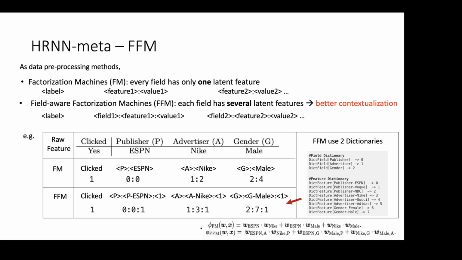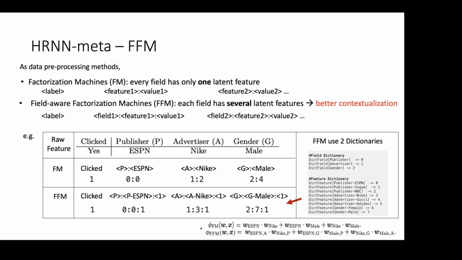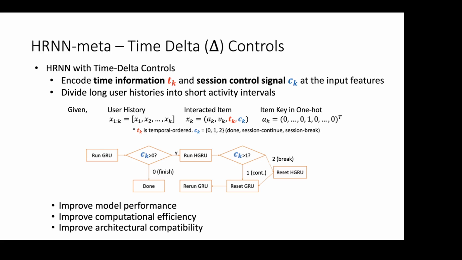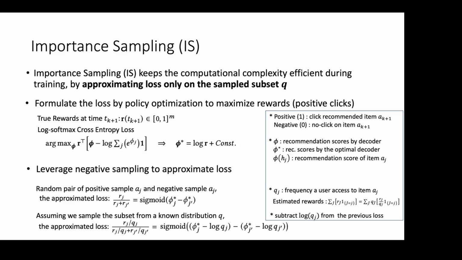That is what they say. We already walked through the key components of HRN and meta, and another additional solution this work presents is importance sampling.